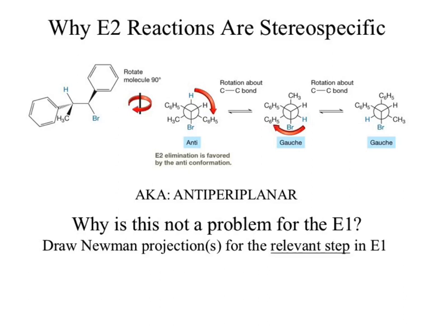Those gauche interactions won't allow for the elimination to occur because the electrons don't align in the proper space, which means the elimination doesn't happen in those cases. Okay? So if we were to draw the E1, it's not as big of a deal because with a carbocation, I can then do rotations all I want in the back, and it's not really changing the energetics. Okay?